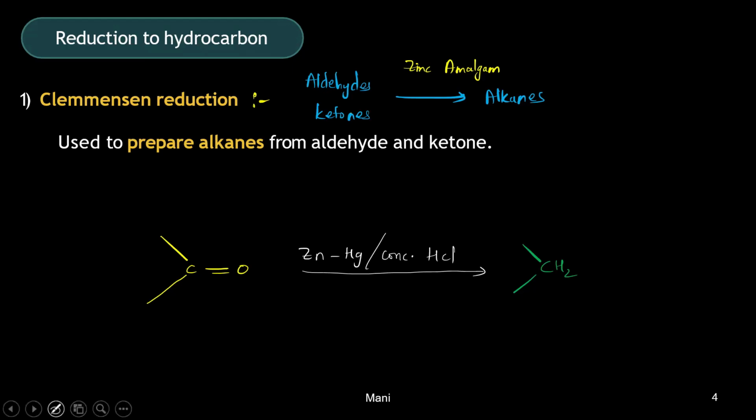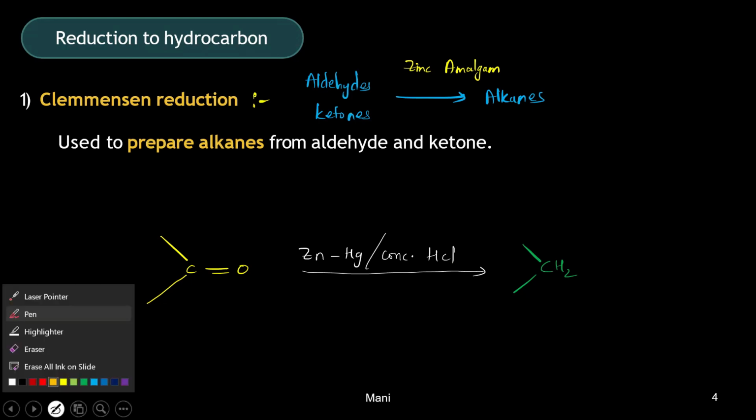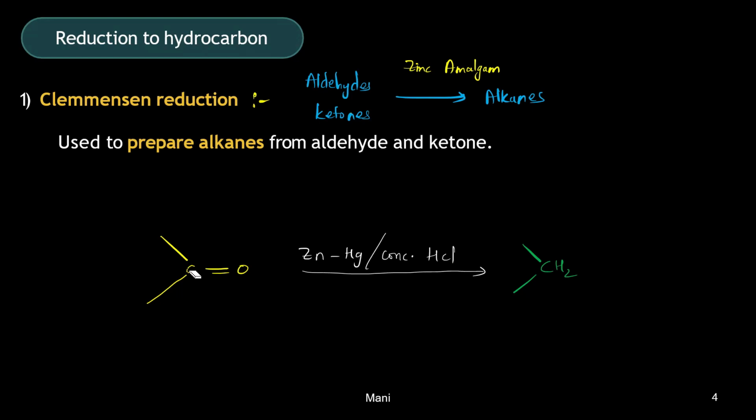And if you see here, what is the hybridization on this carbon? Remember, if a carbon has only single bonds, the hybridization is sp3. If it has a double bond, hybridization is sp2. If it has a triple bond, hybridization is sp. Remember this. So what is the hybridization on this carbon? sp2.